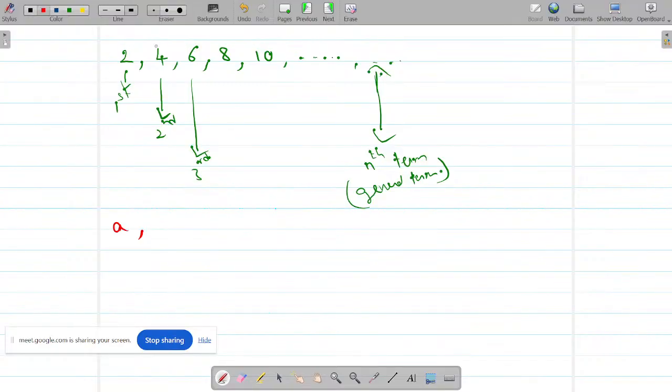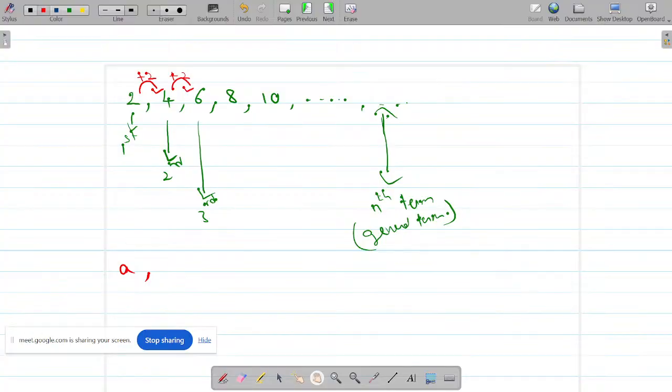Why do I call this a difference? How do I get this 4? I add 2. How do I get this 6? Add 2, add 2, add 2. So please check here. What is 4 minus 2? 2. Here, 6 minus 4, 2. 8 minus 6, 2.